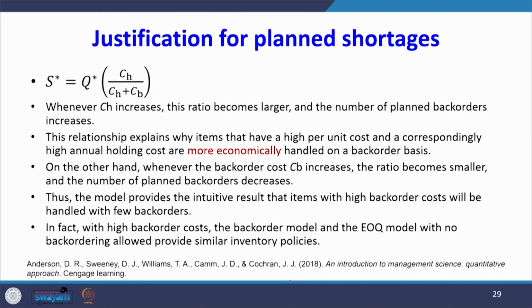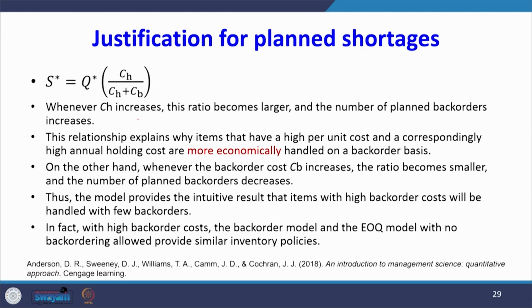So, what is the justification for planned shortages? We have derived the optimal shortage quantity S star equal to Q star multiplied by CH upon CH plus CB. Here CH is the holding cost, CB is the back order cost. Whenever the holding cost increases, the ratio becomes larger and the number of planned back orders increases.